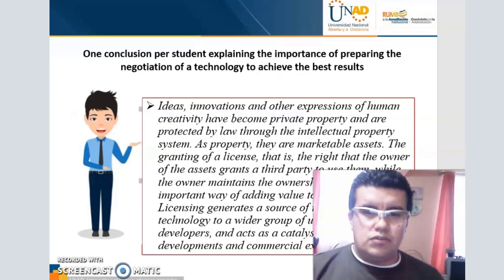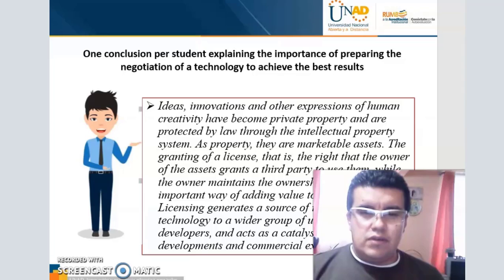Third conclusion. Ideas, innovation, and other expressions of human creativity have become private property and are protected by law through the intellectual property system. As property, they are marketable assets.